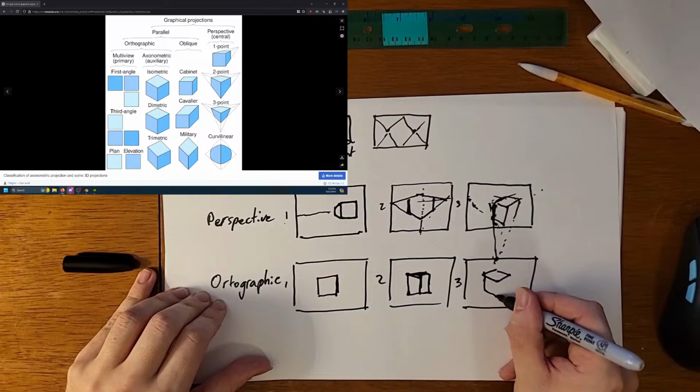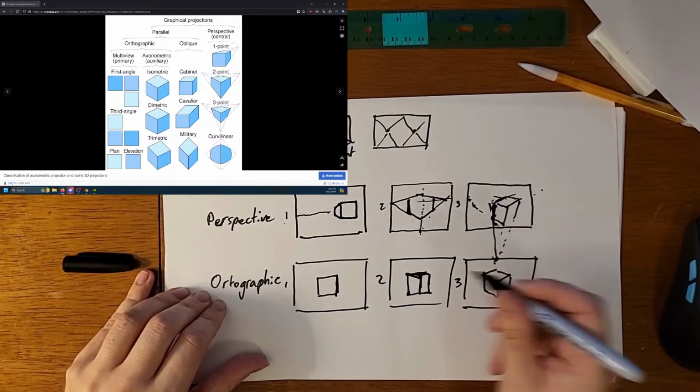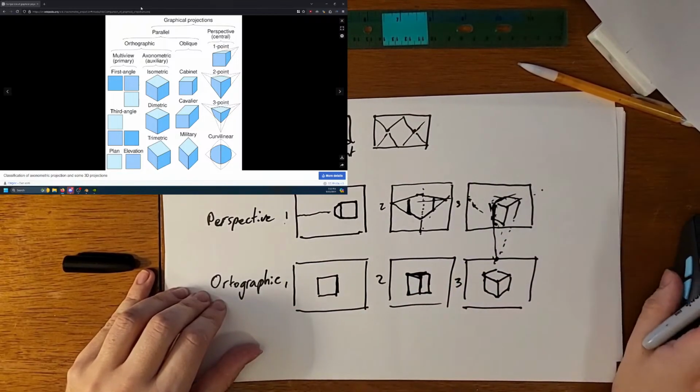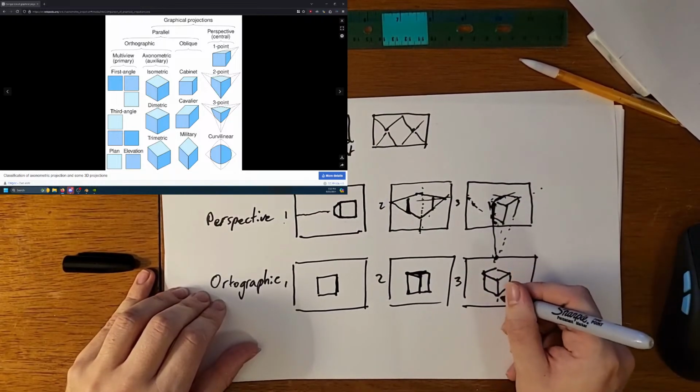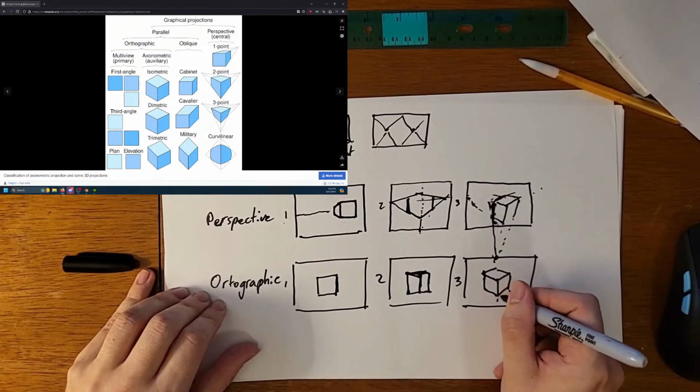Now the thing about isometric, the reason you'd call it isometric is because each of these lines in each of the axes is the same length.